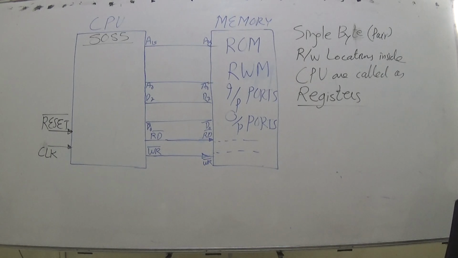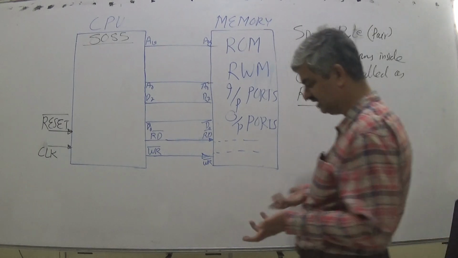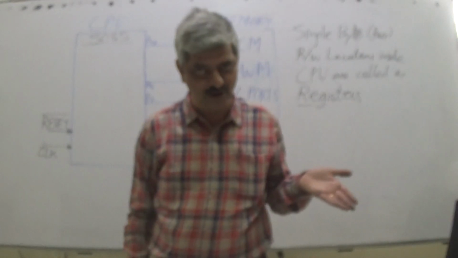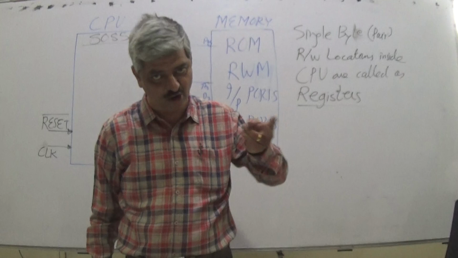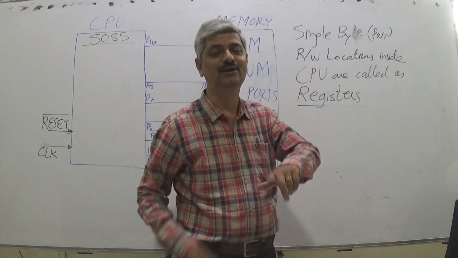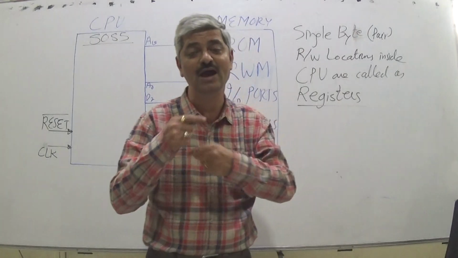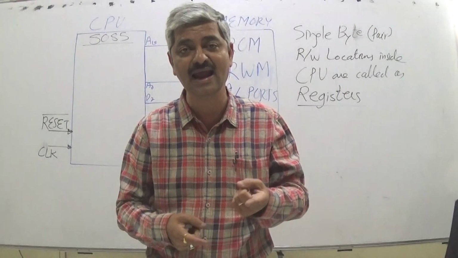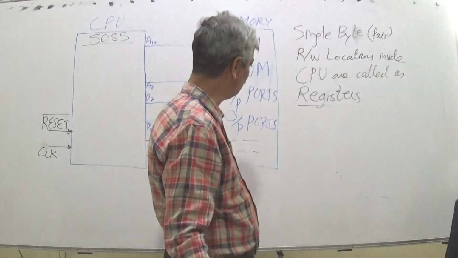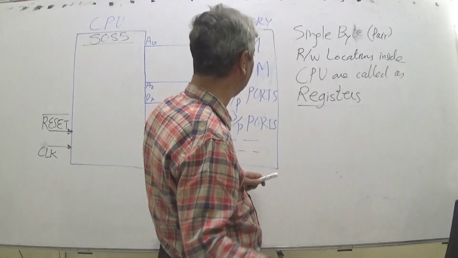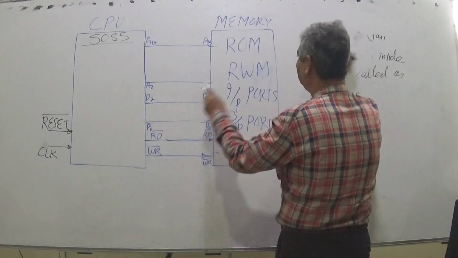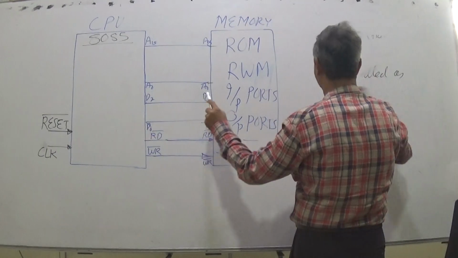So if you are having, say, 16 pins, you can use 2 ports. Then depending upon whatever is the combination of these multiple lines, the microprocessor evaluates something and outputs something on the output line. So for the user, if I am the user, these read-only locations I can't read, read-write locations I can't read.